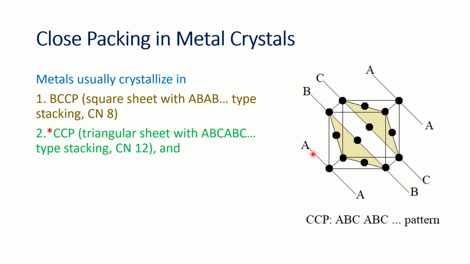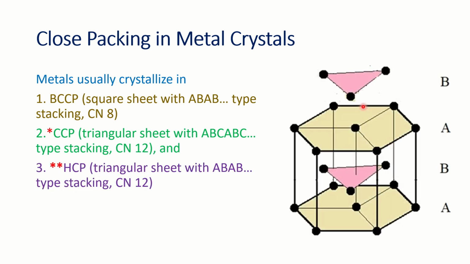That means the stacking is A, B, C type of stacking. And here the coordination number is 12. Definitely it's 12, because if you take this one, it is surrounded by 1, 2, 3, and 4 here, also 1, 2, 3, and 4, and in the above also 1, 2, 3, and 4. That means it has 12 atoms which are equally close to this one. So the coordination number is 12 here.